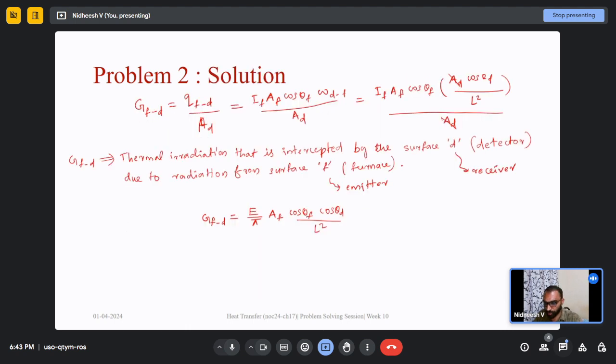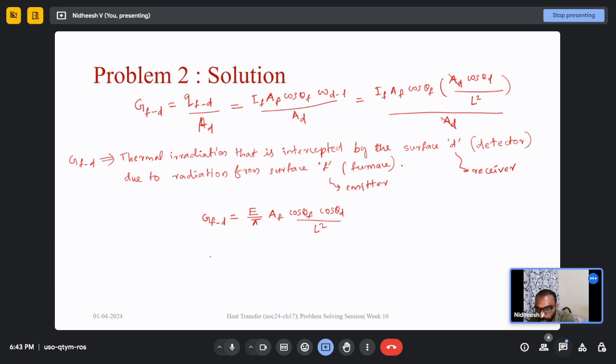This irradiation is inversely proportional to the L value, and directly proportional to the area of cross section and the cosine of the angles between them. So let me substitute these values.